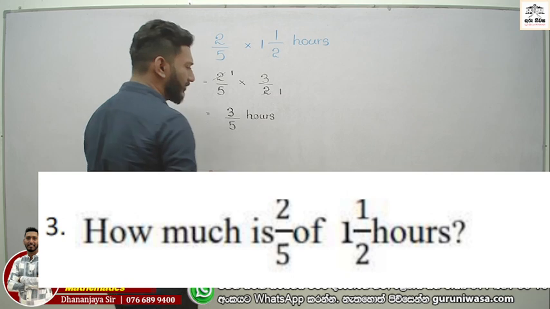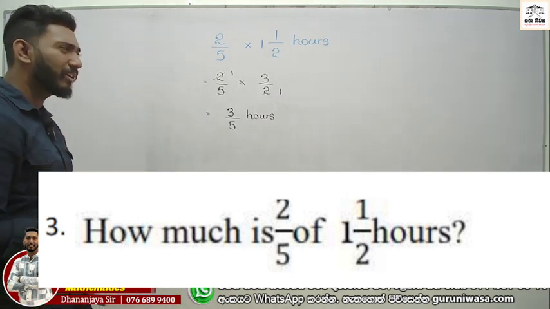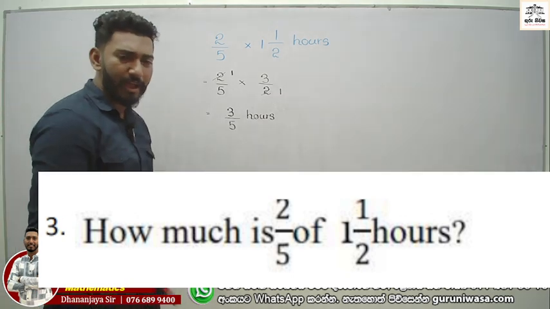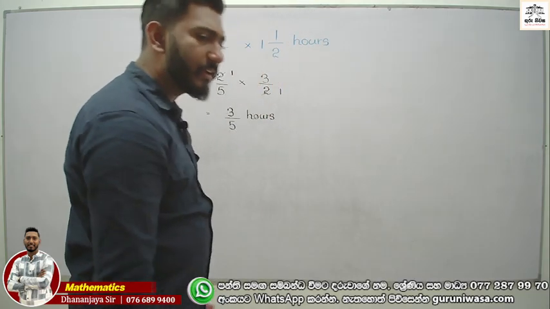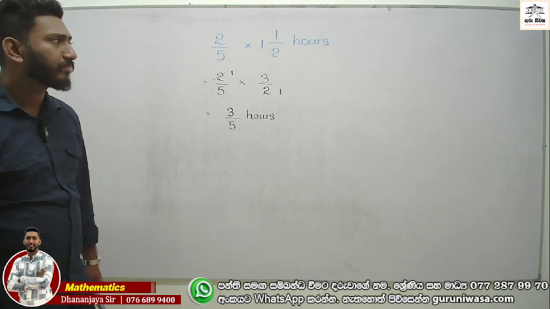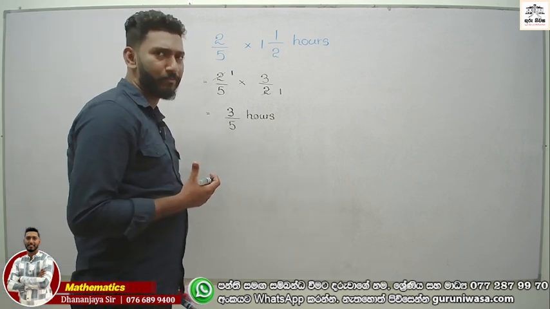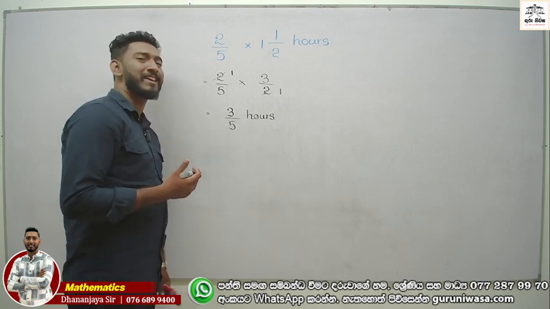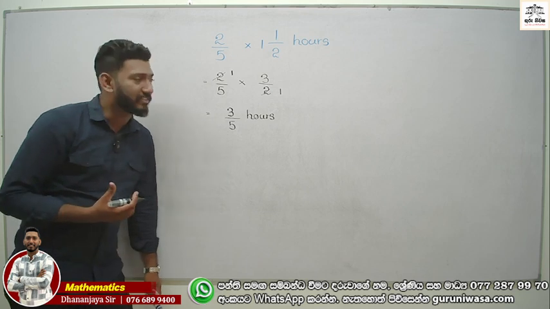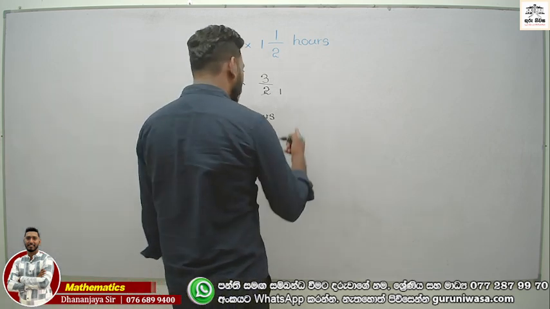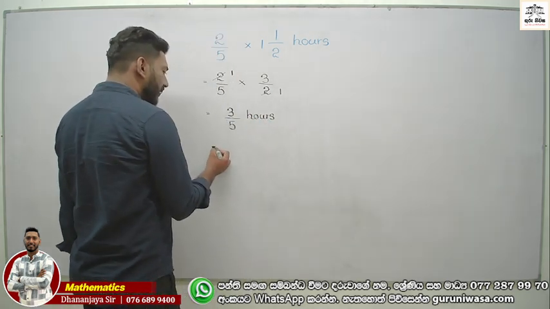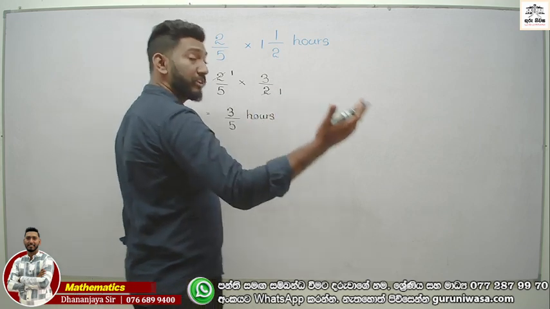But this one is not suitable as a final answer. Therefore, I am going to simplify it as minutes. Now everyone, tell me how many minutes are in 1 hour? 1 hour is 60 minutes. Therefore, I'm going to change it to minutes.